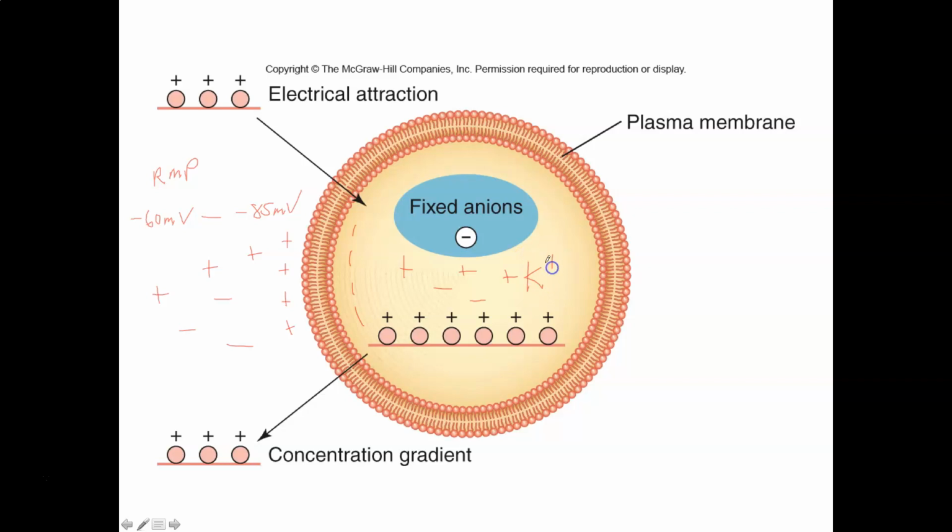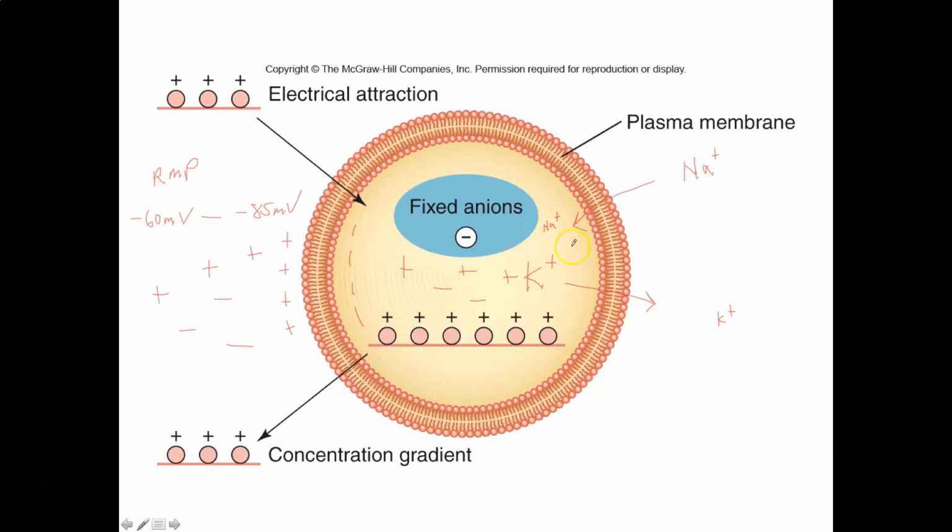Potassium has a high concentration inside of cells and a lower concentration outside of cells. And sodium has a high concentration outside cells and a lower concentration inside of cells. So if you were to look at their natural diffusion, potassium would diffuse out and sodium would diffuse in.